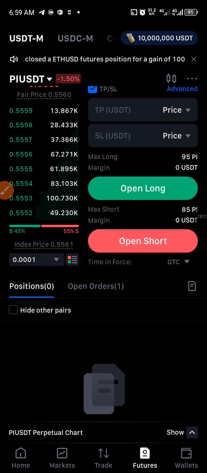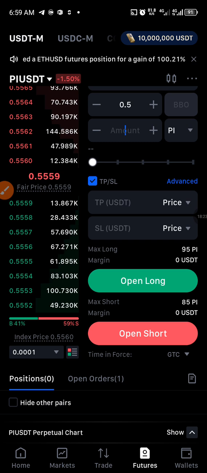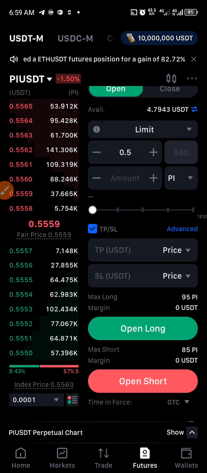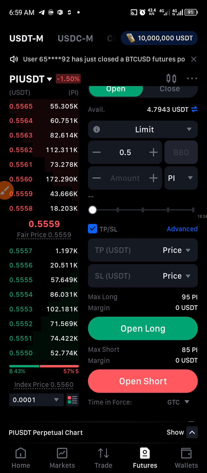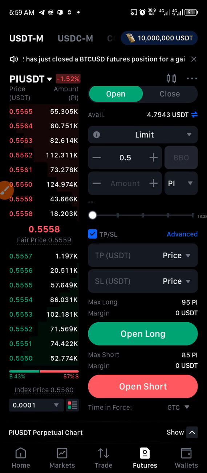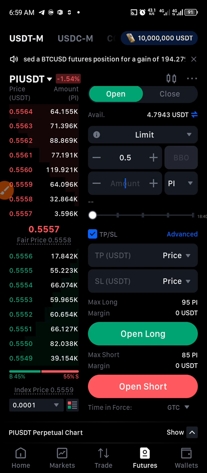Because I used limit, the trade will not trigger, it will not enter immediately. Why? Because it will wait till the price gets to 0.5. If you check the price now, you will see that the price is still 0.5558.